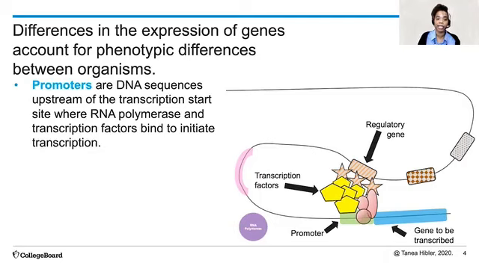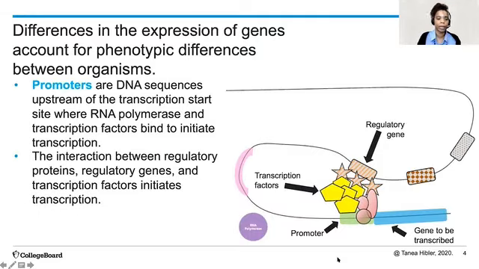Promoters are DNA sequences upstream of the transcription start site where RNA polymerase and transcription factors bind to initiate transcription. I made the promoter region in this image green, so think of green as go. The interaction between regulatory proteins, regulatory genes, and transcription factors together, those are going to initiate transcription.